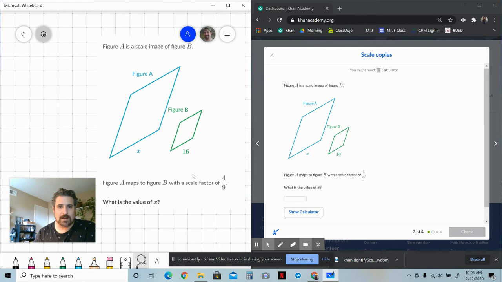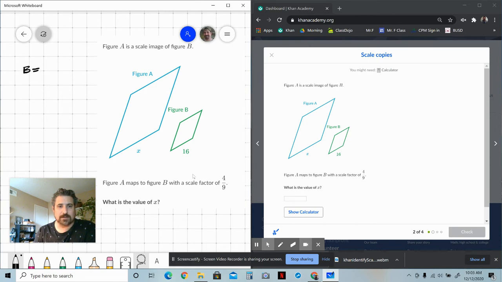So ultimately what you're talking about here is the input being figure A and the output being figure B. So what do we know? We know that the equation going from A to B would be that figure A is the input, figure B is the output. So B is equal to the scale factor 4/9 times figure A. That's what they're telling us.